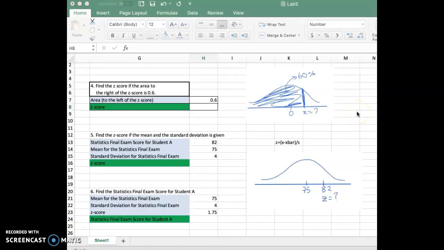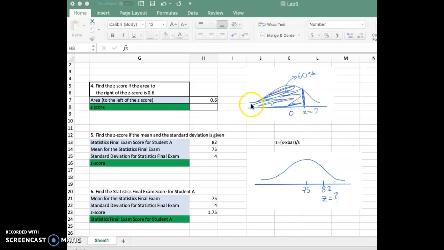Now we would like to find the z-score if the area to the left of the z-score is given. For the first question, we are given that the area to the left of the z-score is 0.60. We know that the z-score is going to be positive because the normal distribution is symmetric.